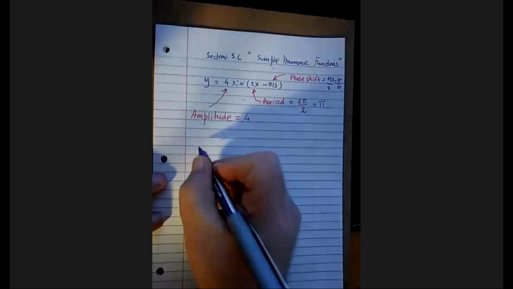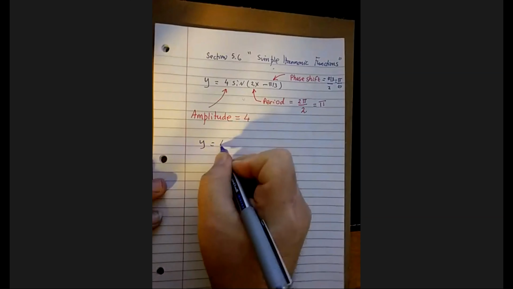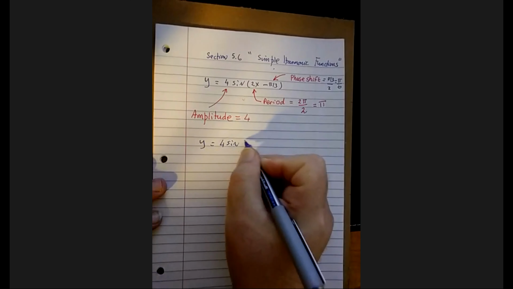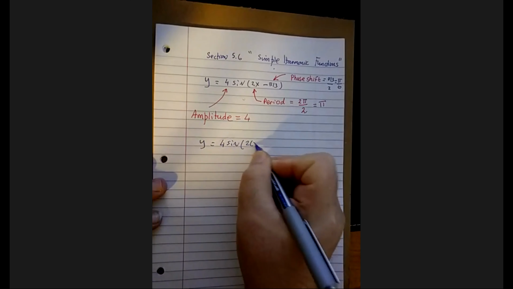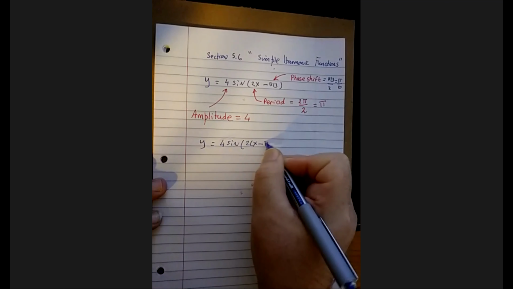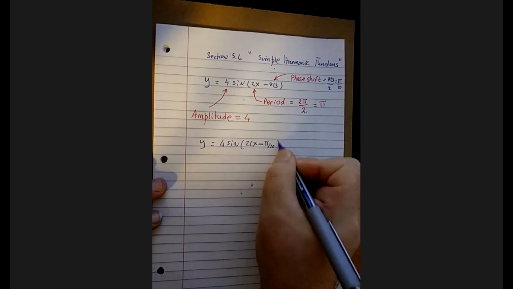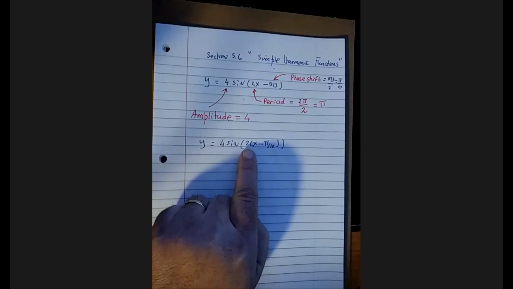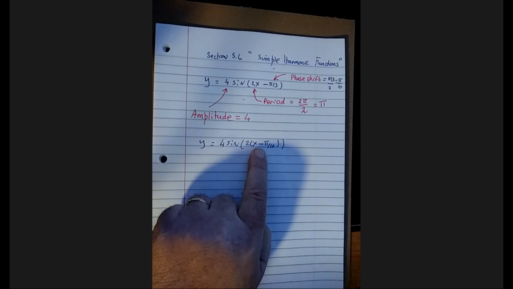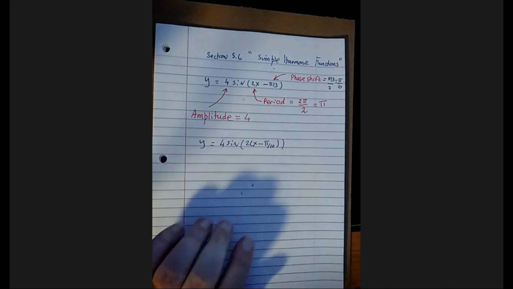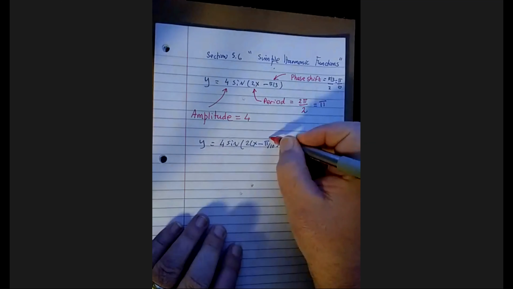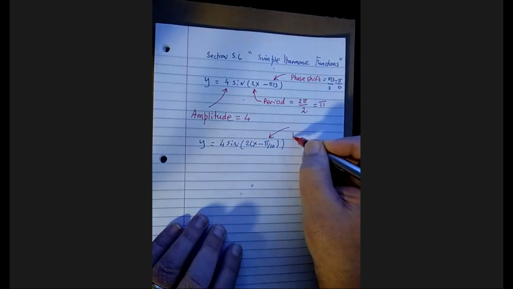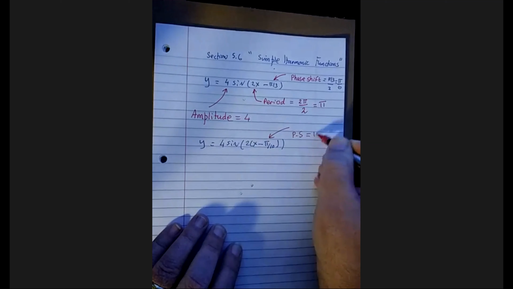If, however, you get it written that way, where the thing inside the sine has been factored, you see how they've pulled out the 2 and called it x minus pi upon 10 in this case. In this case here, the phase shift doesn't involve you doing anything. It's just the pi upon 10.